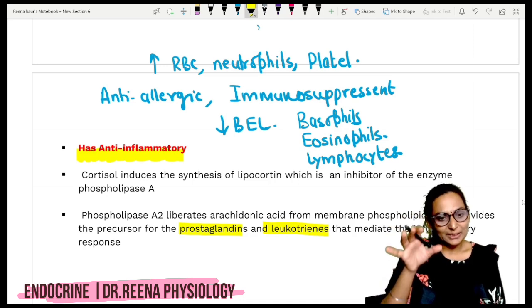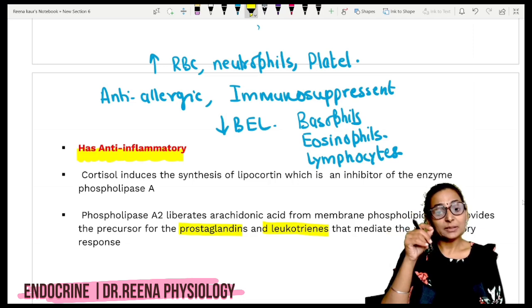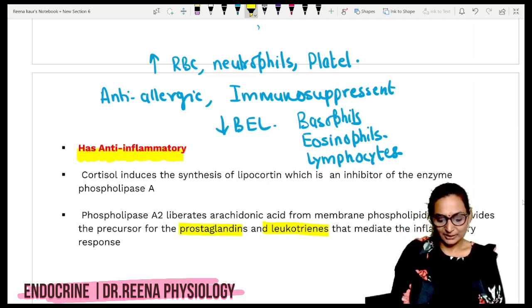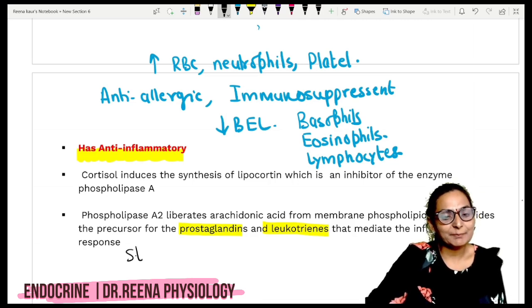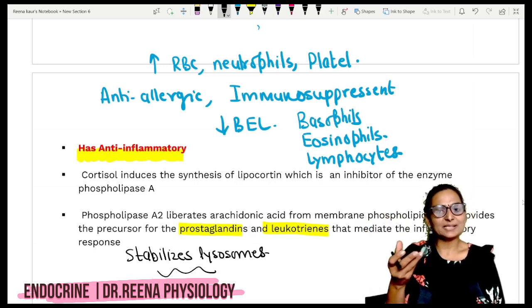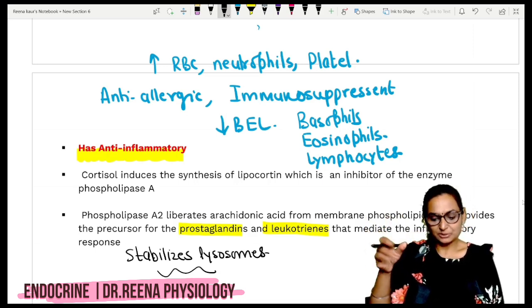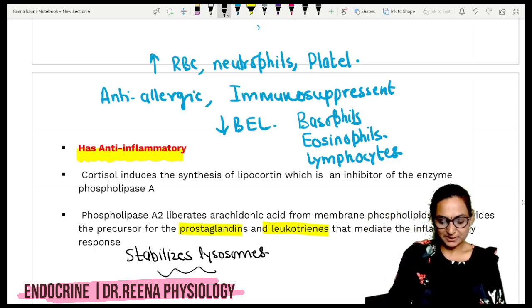But it is going to inhibit this totally, so that the inflammatory mediators are not released. You can also remember that it stabilizes lysosomes, so that the lysosomes do not break down. Lysosomes have all the enzymes which cause destruction and degradation, so it is also going to stabilize the lysosomes.